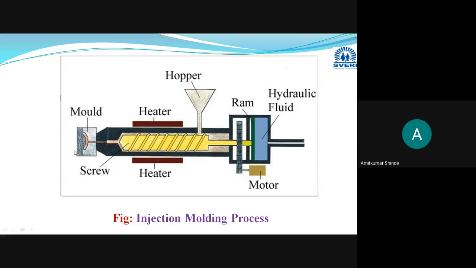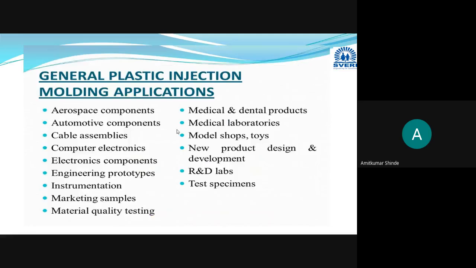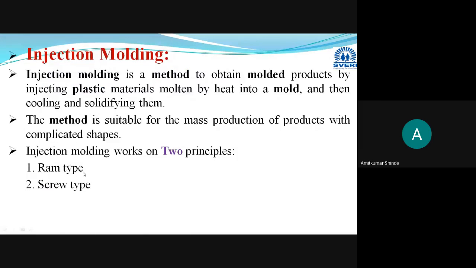Depending on the arrangement used, it is termed a ram type. And when you use a reciprocating screw to apply the required pressure, it is termed the screw type. So these are the two different principles we are using here: ram type and screw type.